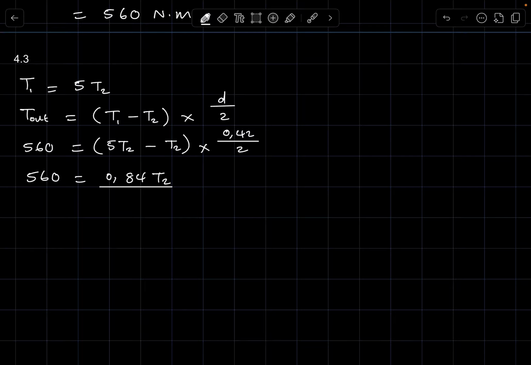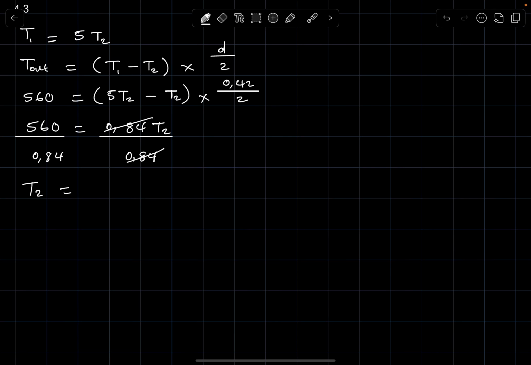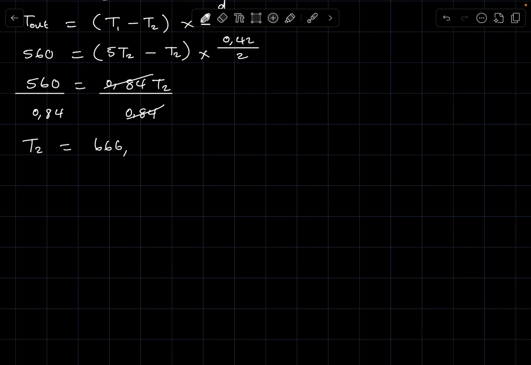Now you divide both sides by 0.84, making T2 the subject of the formula. So T2 is equal to 560 divided by 0.84, which is 666.667 newtons.